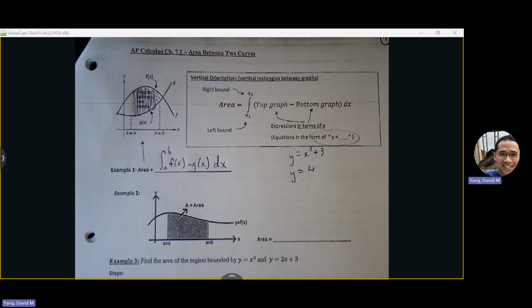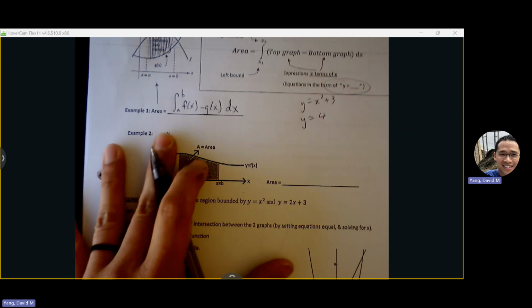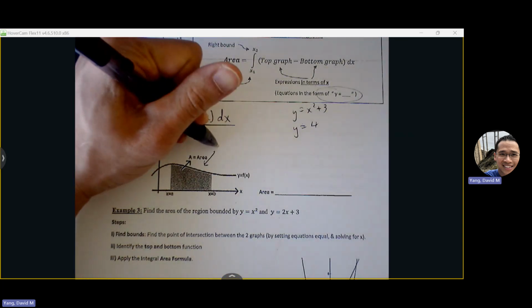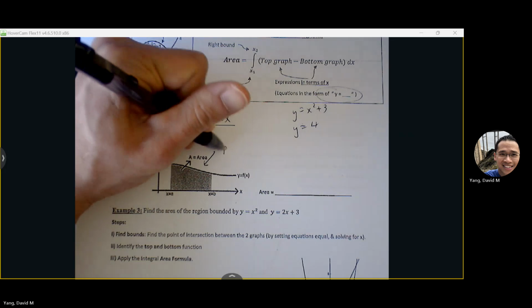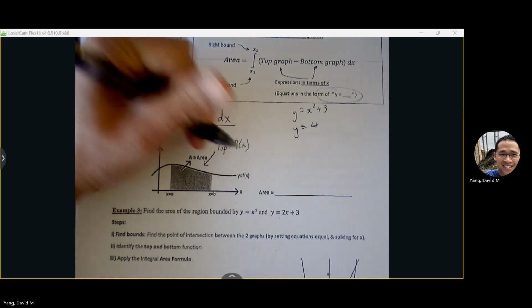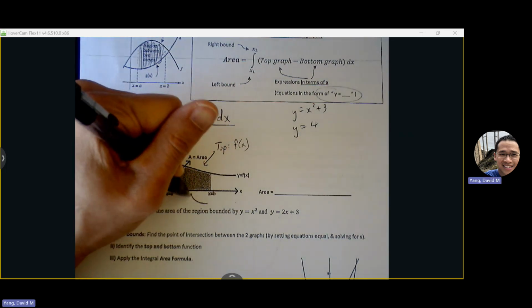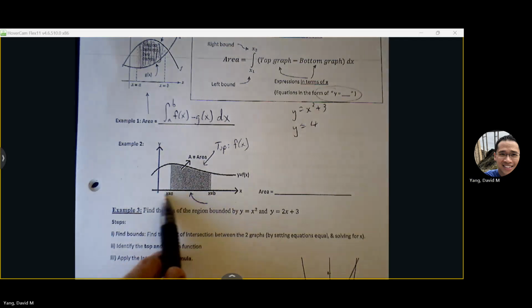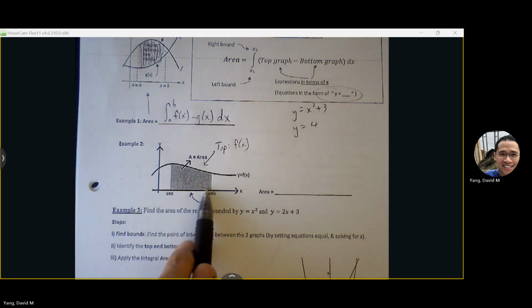Okay, example two. If we want to find the area of the shaded region, my top graph is f of x. And my bottom graph, what's the equation of this line? The x-axis, right?